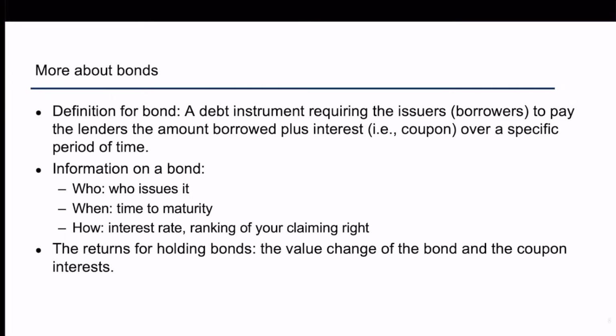But if you buy the $1,000 bond issued by TSMC, it also means that you lent $1,000 to TSMC. But the good thing about buying a bond instead of lending the money directly to TSMC is that when you hold the bond, you can sell it anytime in the secondary market.